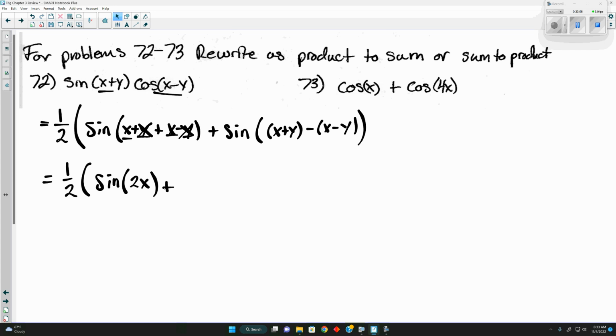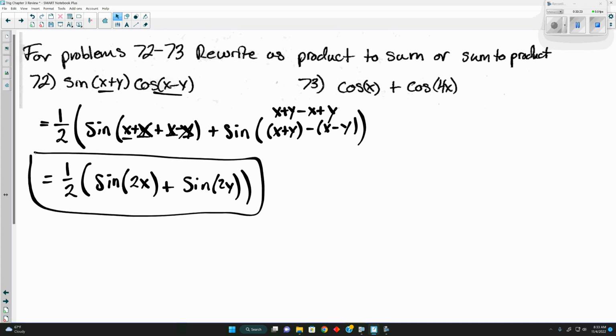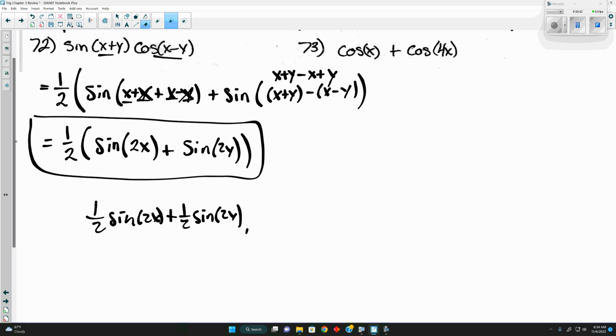Y minus negative y is going to be sine of 2y, because really what we have here is x plus y minus x plus y if we distribute that negative through. If we wanted to simplify it even more, exact same thing. Either one of those are the same thing.